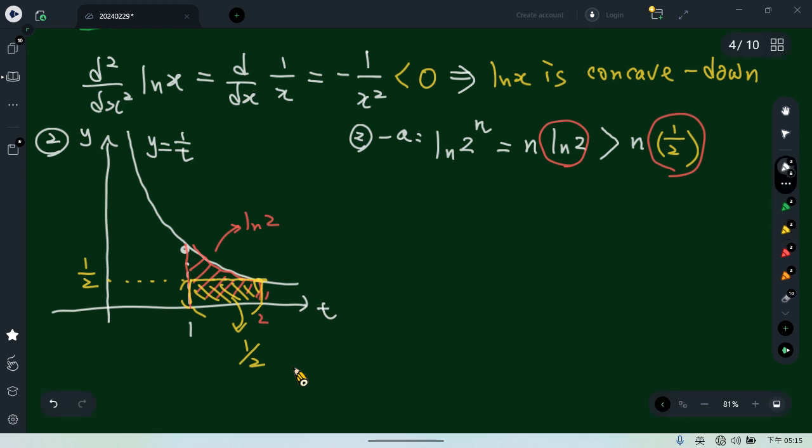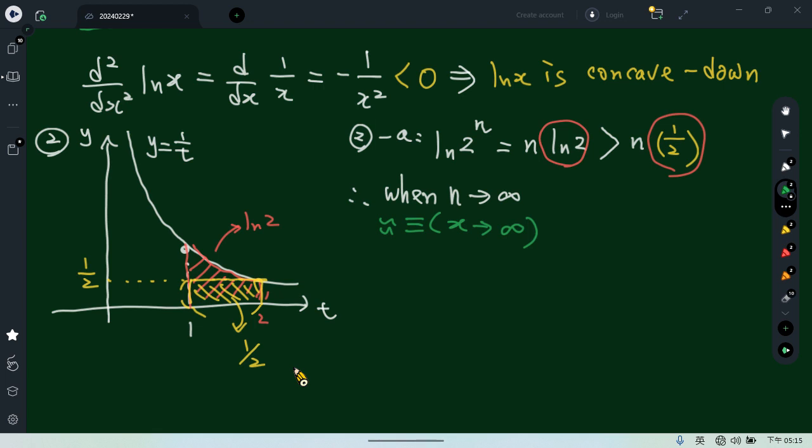Therefore, when n is increased to infinity, it is almost equivalent to x approaching infinity.